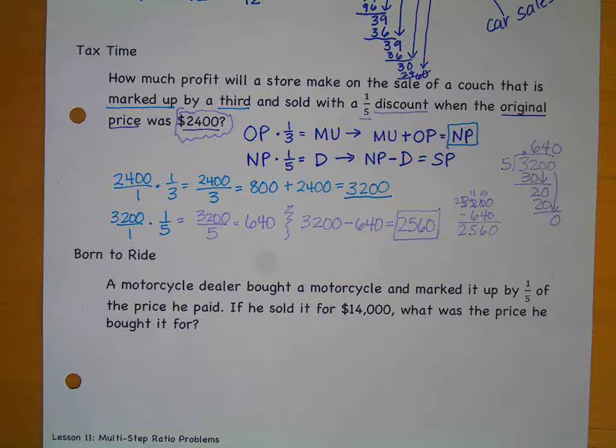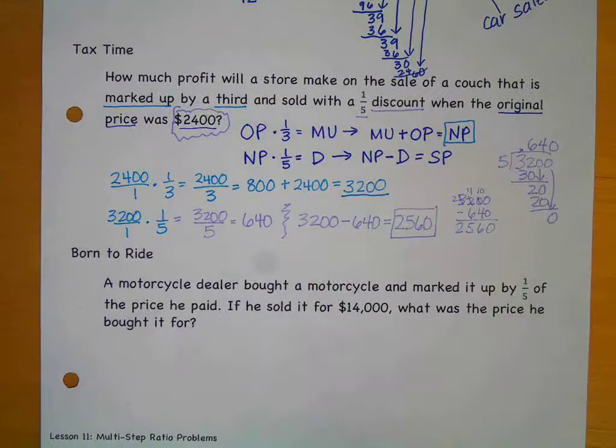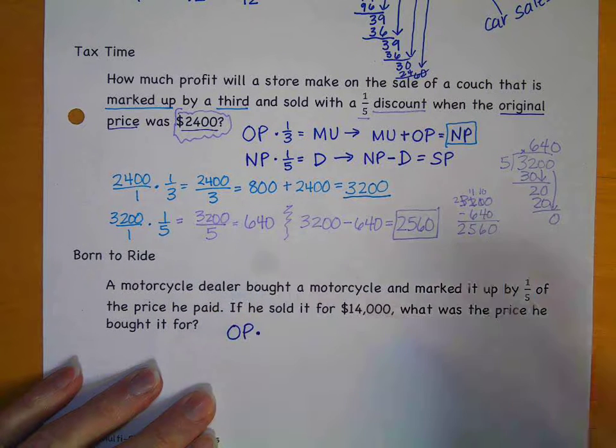Okay, let's see. Born to Ride. A motorcycle dealer bought a motorcycle and marked it up by 1/5 of the price he paid. If he sold it for $14,000, what was the price he bought it for? Okay, this one is not that difficult, but you have to write down your little cheat bar up here.